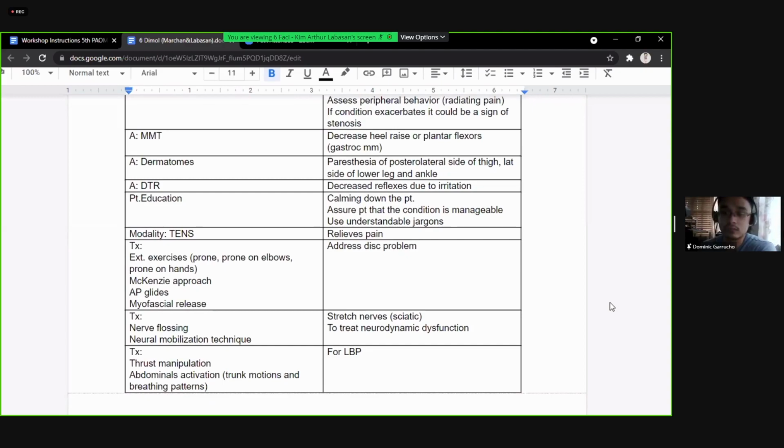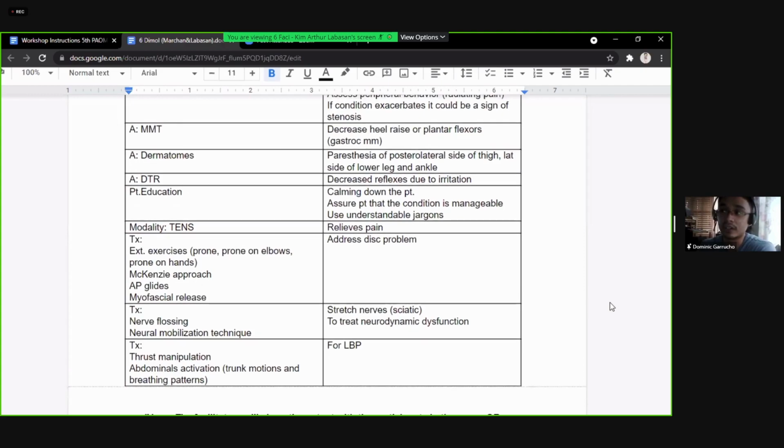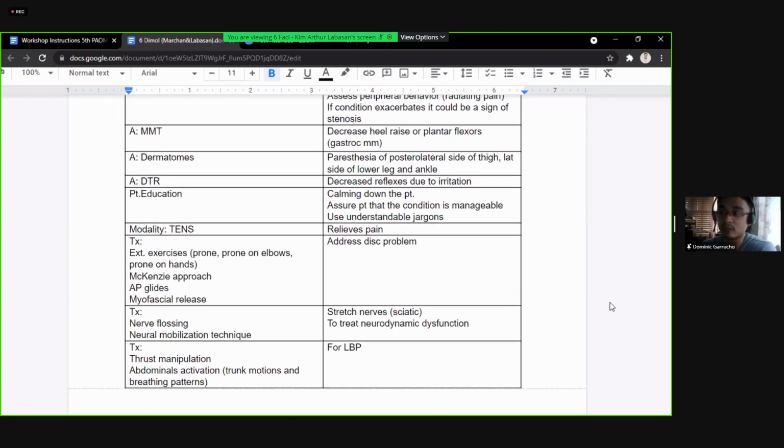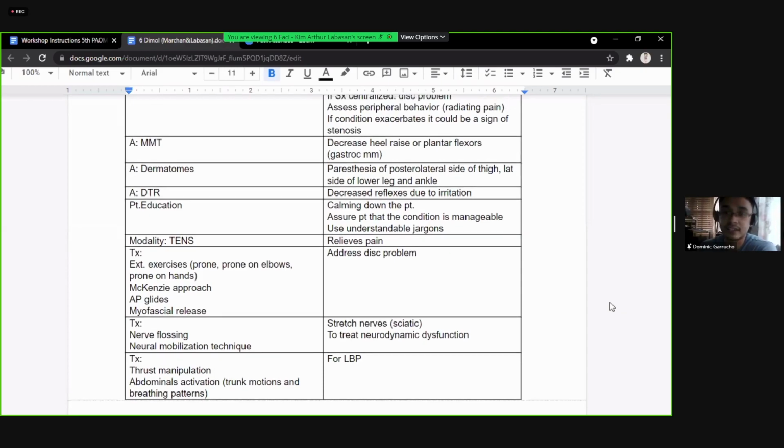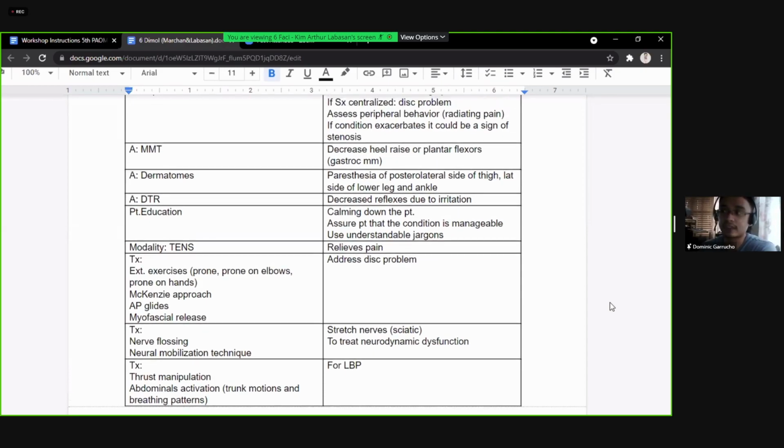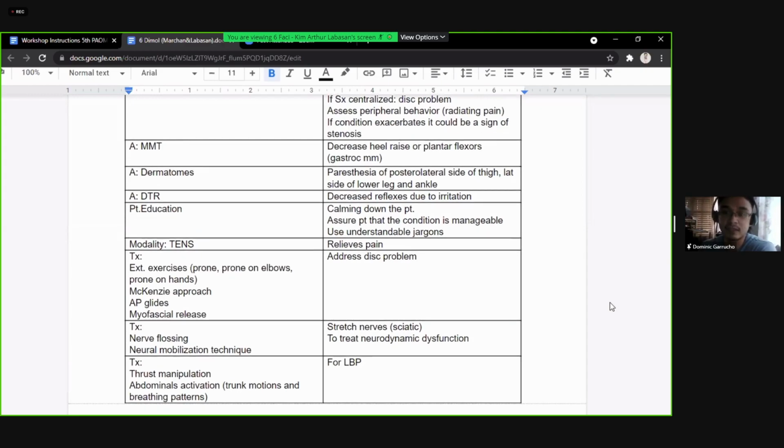For our treatment plan, depending on the patient's primary symptoms, if it's a central type of pathology, such as lumbar stenosis, lumbar radiculopathy, or a disc problem, we might want to consider central exercises first. But if we get a peripheralizing pain, such as sciatica or other hip joint problems, then we may focus on that area and provide muscular endurance and strengthening activities for the abdomen and the whole core.